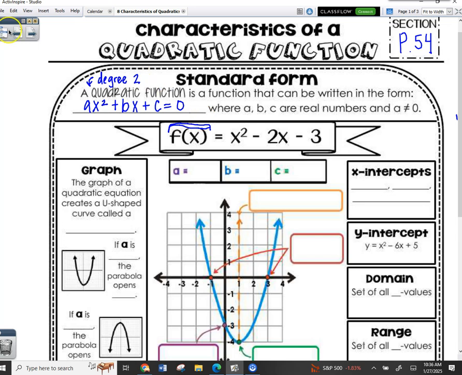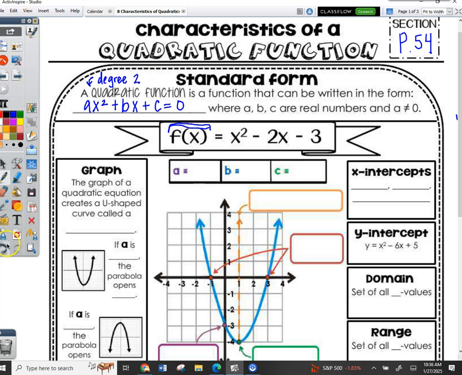So it's like a vending machine. If I plug money in, food or drink comes out, right? I'm going to plug x in, type it in my calculator, and get a number out. Input x, output y. But because it's a function, we call it f of x.